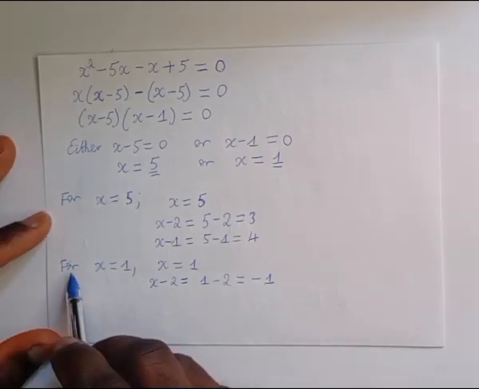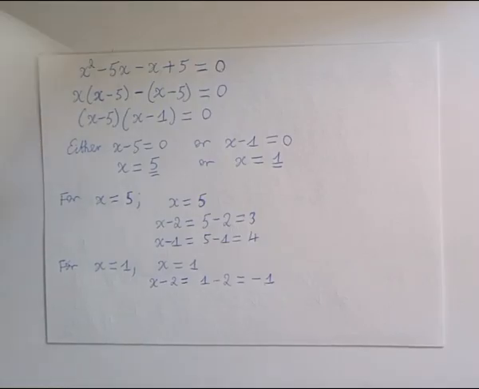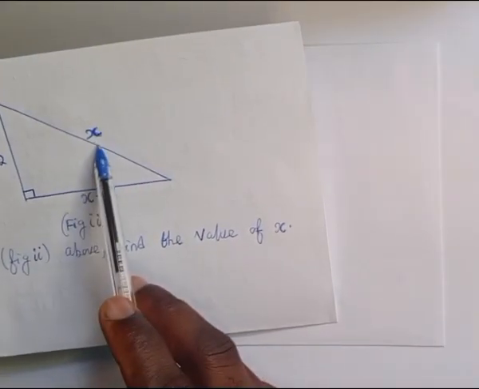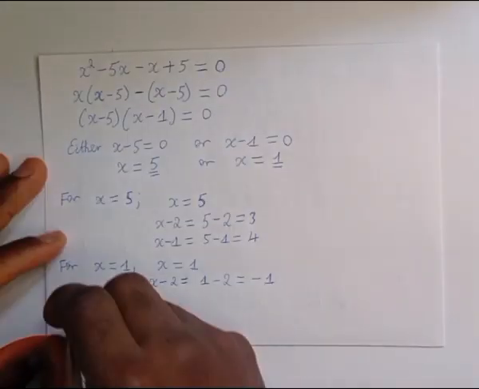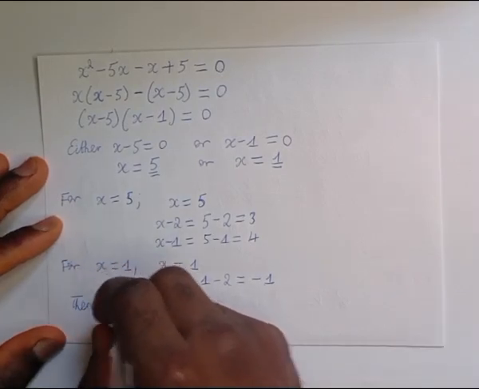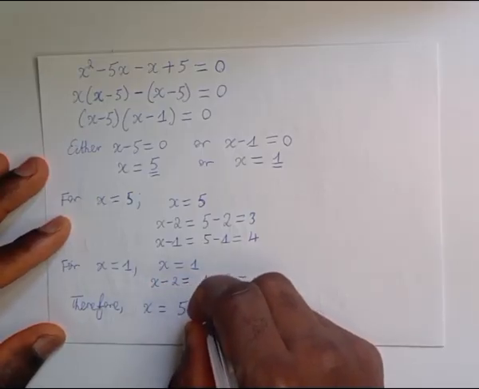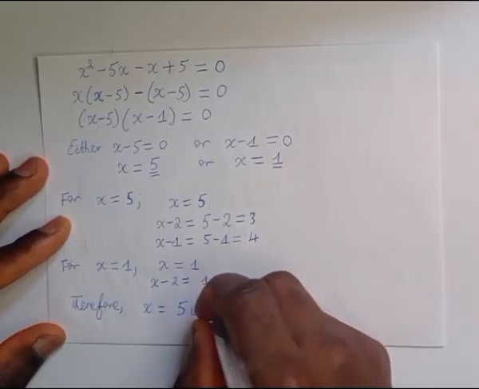So we are going to discard x equal to 1. That means x can never be equal to 1. Therefore, our x will be equal to 5 units. That's the value of x.